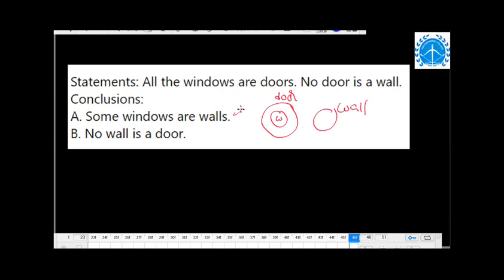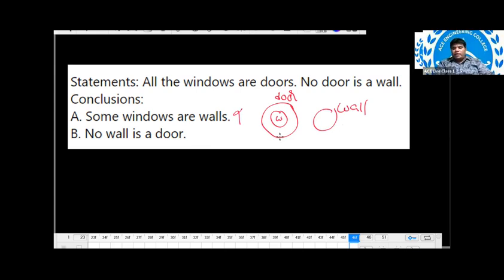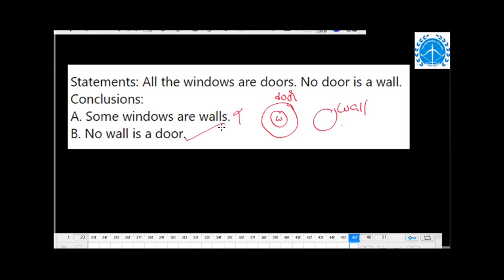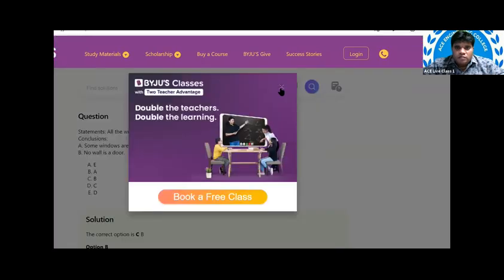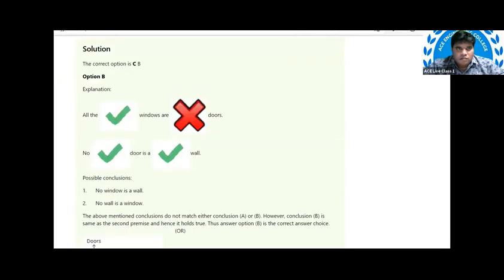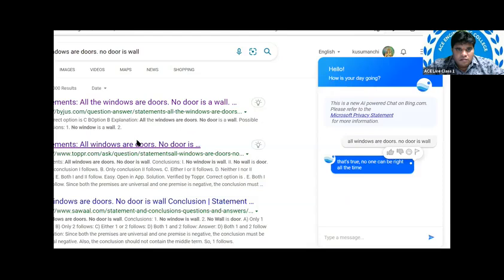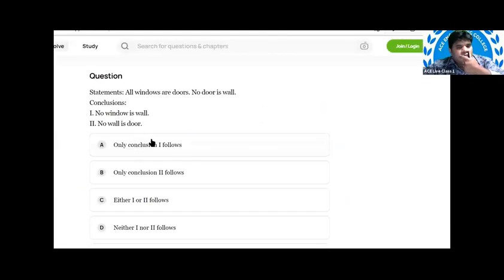Okay, no wall is a door. Correct, sir. This is option B, the question is done again. This is correct.